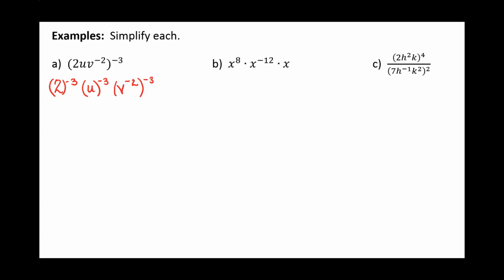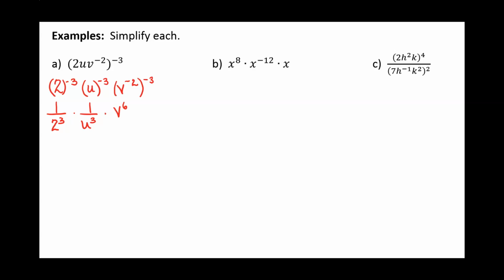So all I'm going to do is move it across the division bar. So I'm going to say 1 over 2 to the positive 3. So when I move it across the division bar, the negative exponent goes away. Now, use that as an example to see what to do with the variable. If you have u to the negative 3, it's the exact same idea. That u is over 1. So to get rid of the negative exponent, move it down to the denominator across the division bar, and it becomes positive 3.